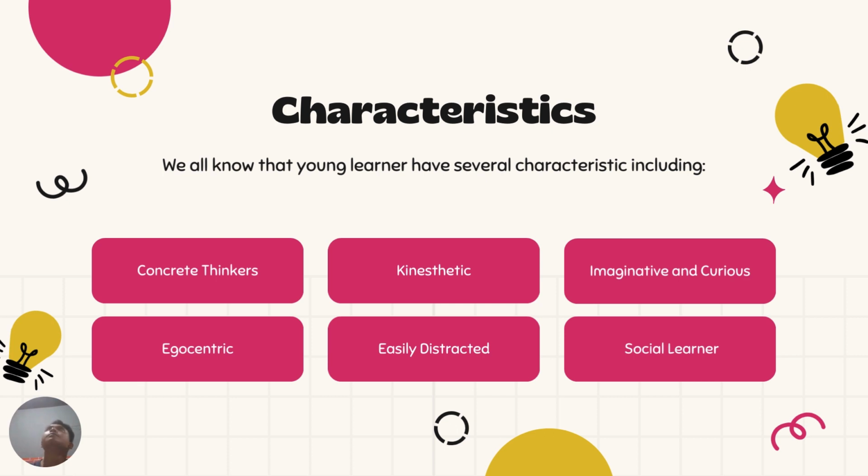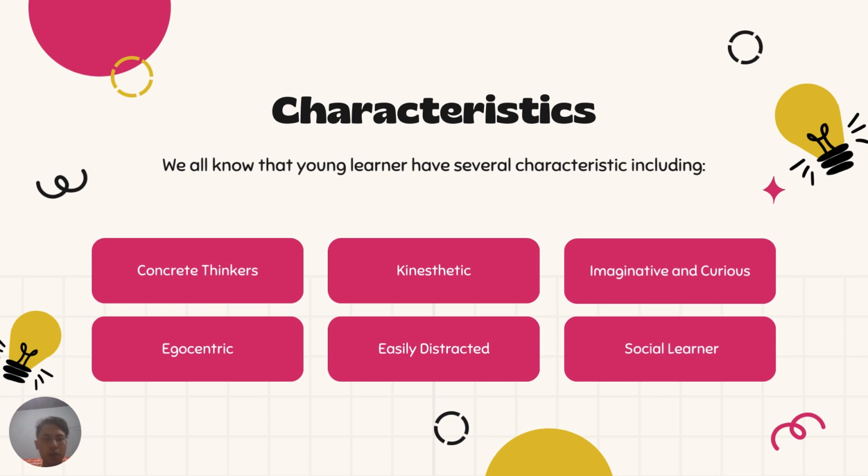An example is role play. And the fourth point is easily distracted. We all know that they get easily distracted and require frequent breaks and changes in activity. Young learners cannot sit still until learning is finished.